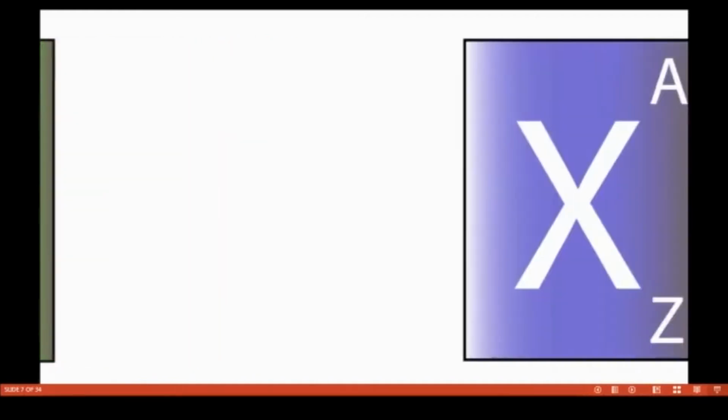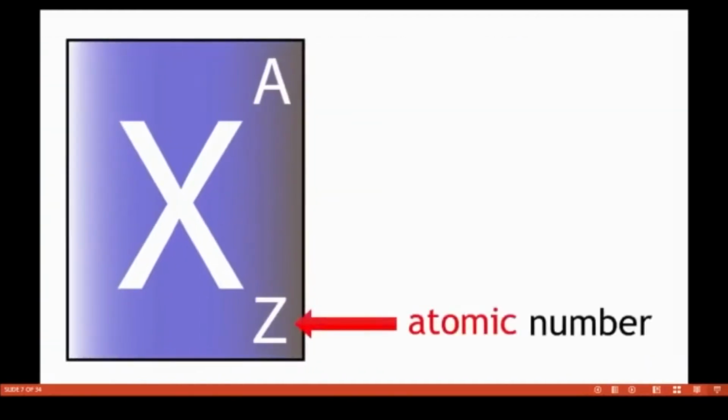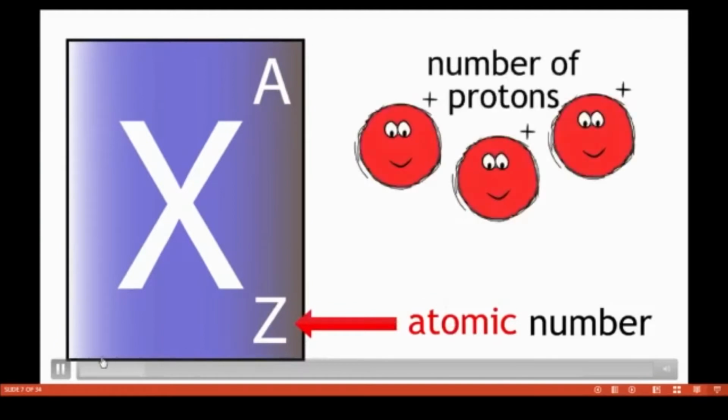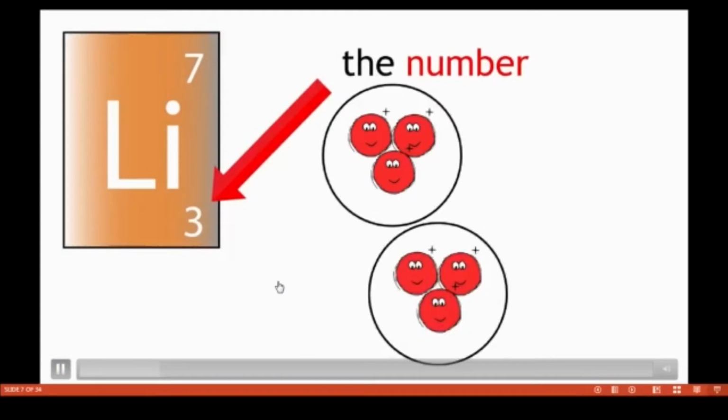Now we calculate. This is the general formula. Z we call the atomic number, A we call the mass number. Z means the number of protons, so atomic number is equal to number of protons. If the atomic number is 3, the protons are also 3.